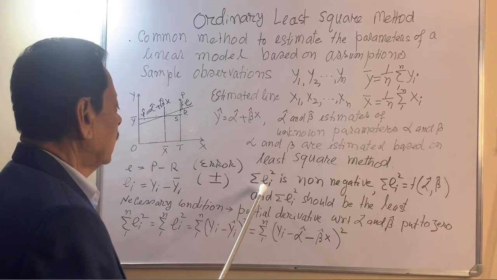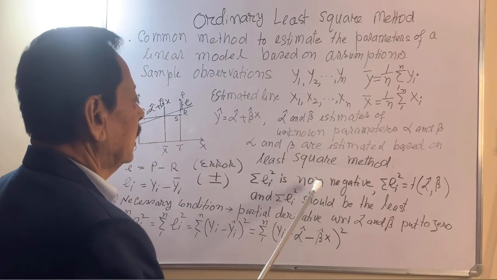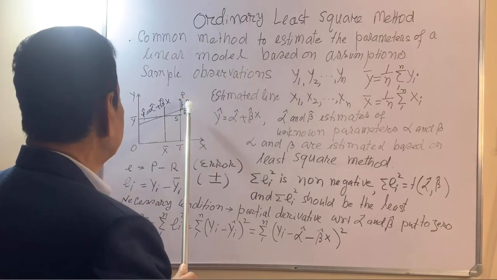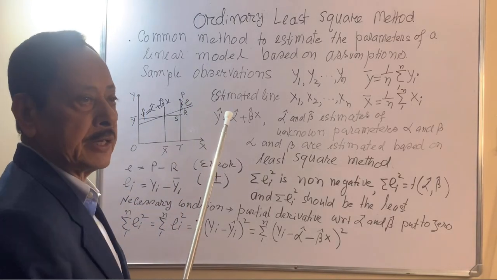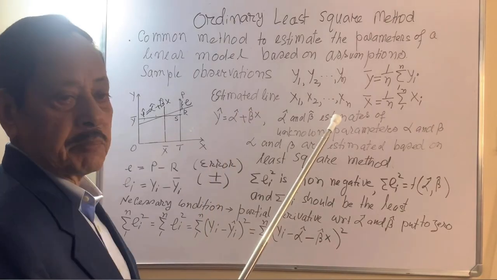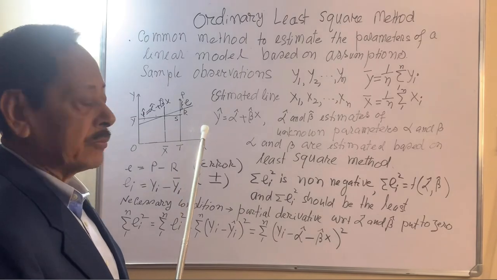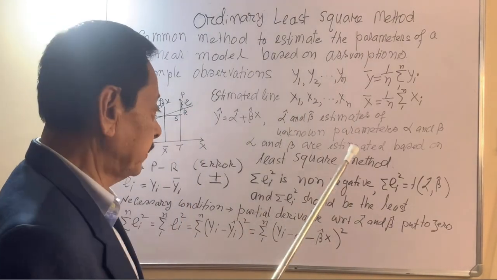Now, the summation of the square of the error term is non-negative, it is positive, because whether the error is positive or negative, if we square it, positive will become positive, and if we square the negative error, it will also be positive.